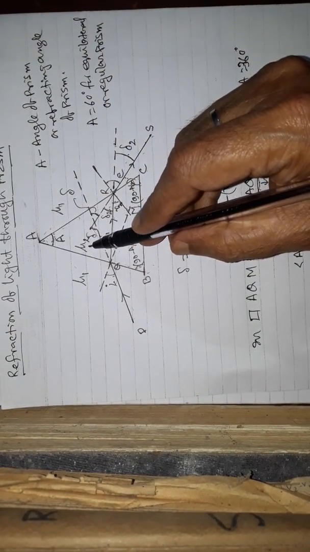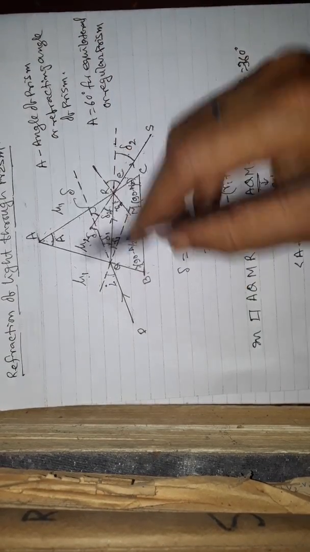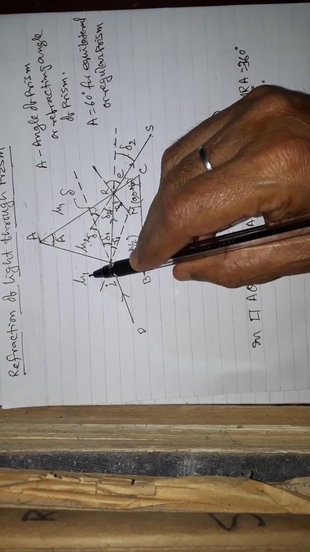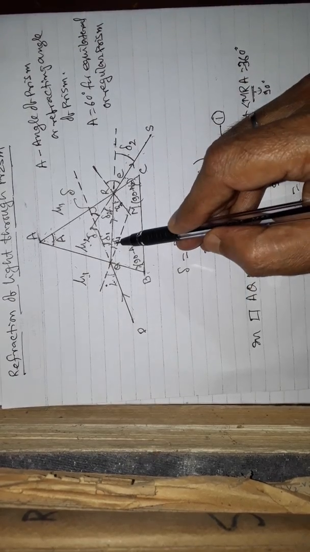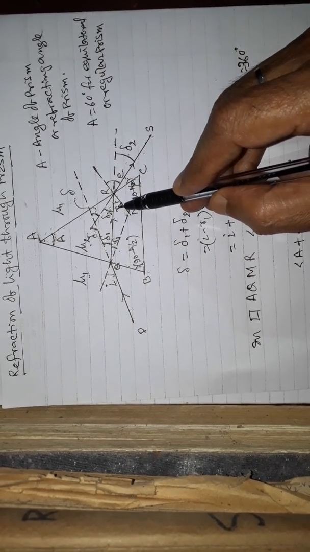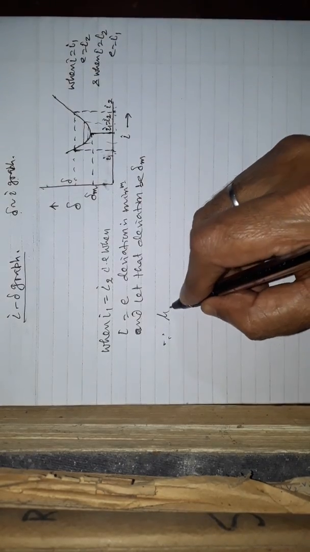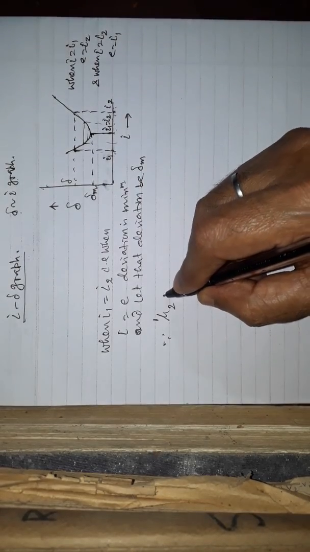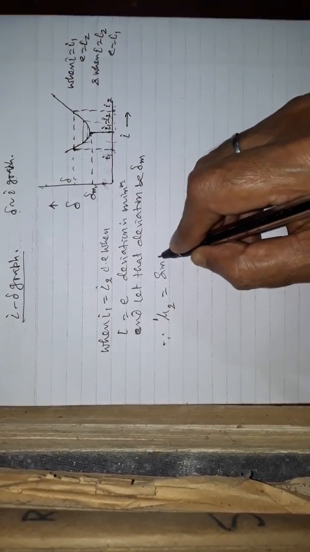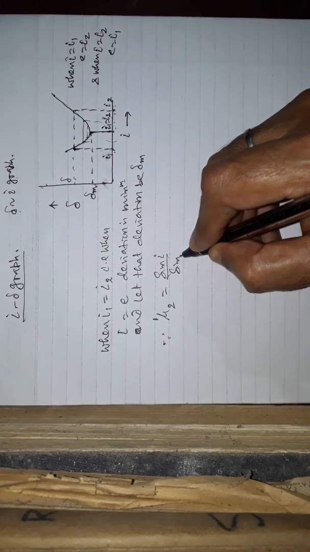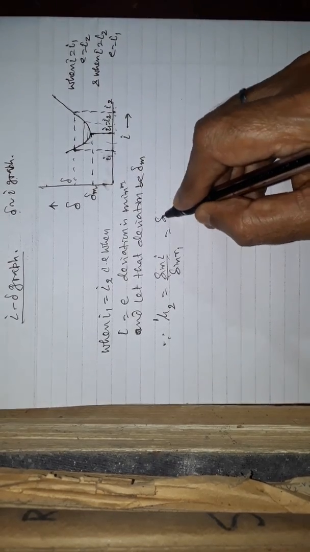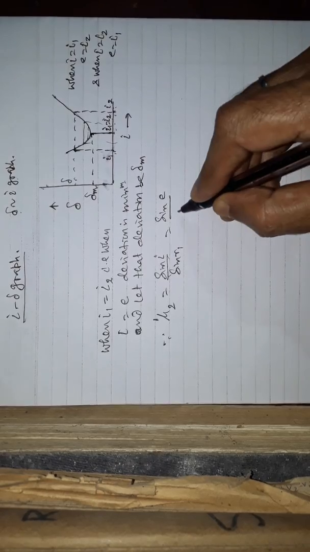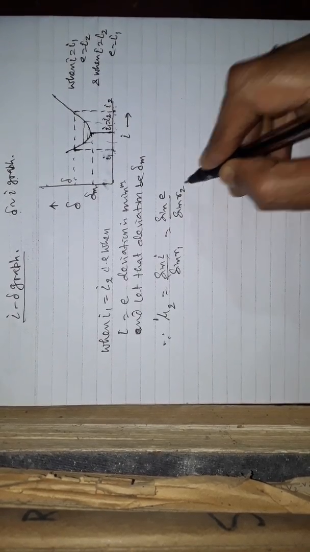So the refractive index of the prism with respect to the surrounding, that is mu2 over mu1, can be sin I by sin R1, or it can be sin E over sin R2.